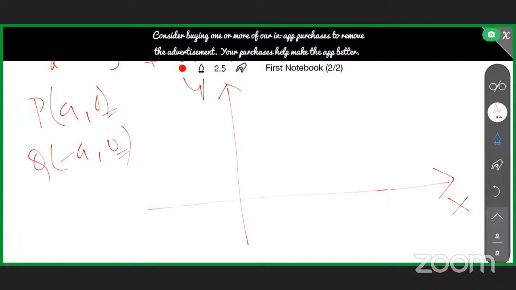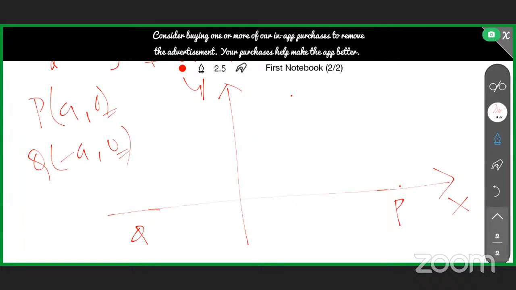Point P has to be somewhere on this side, and point Q on this side. Make sure both distances are the same because both are a. Somewhere R is there, I don't know where. They said one side of PQ, it can be upside or down. For timing, I'm taking it as upside.